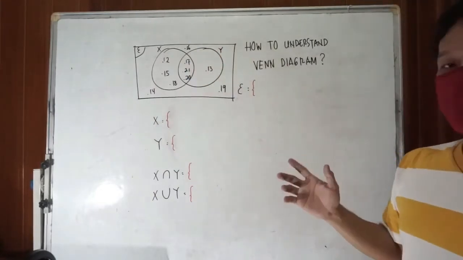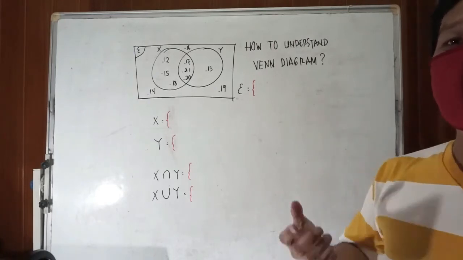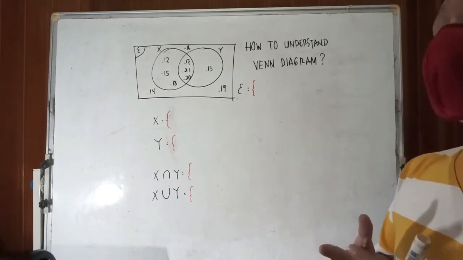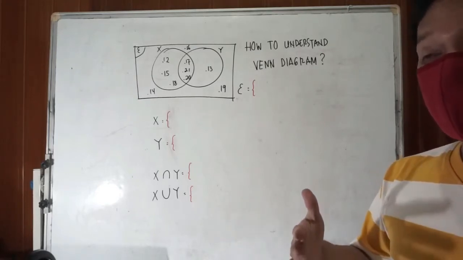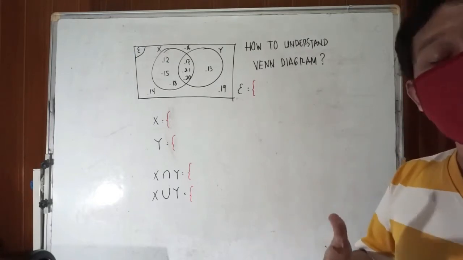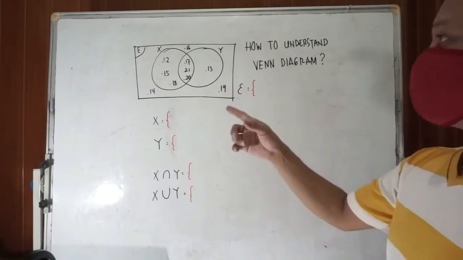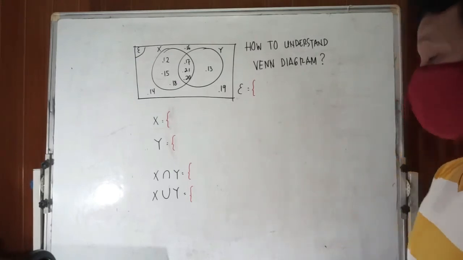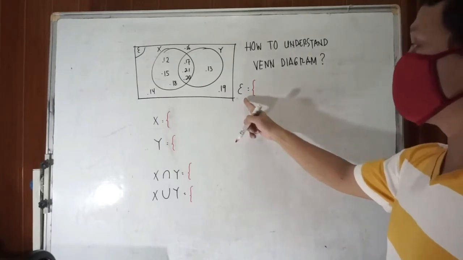From this Venn diagram, we can list the universal set. Universal set means all elements inside a Venn diagram. From the Venn diagram on the whiteboard, we can list the universal set.